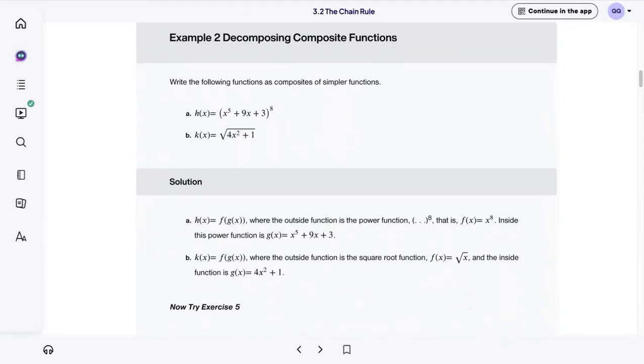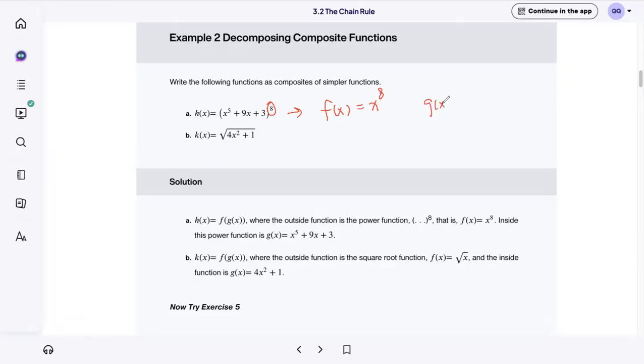Decomposing compound function. Okay, let's see these examples. For the first one, I can define f of x as x raised to 8. If you give me an input, I'm going to raise the input to the 8th power.